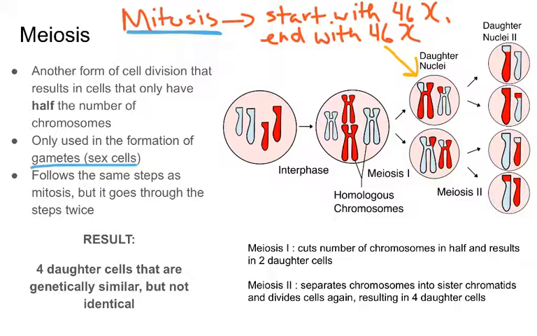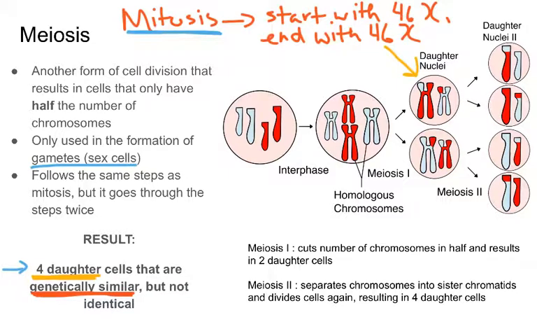That means that with this mixing of DNA and the cutting of the chromosomes, the result in meiosis ends up being that you have 4 daughter cells, 4 potential gametes that are genetically similar, whereas in mitosis, identical.